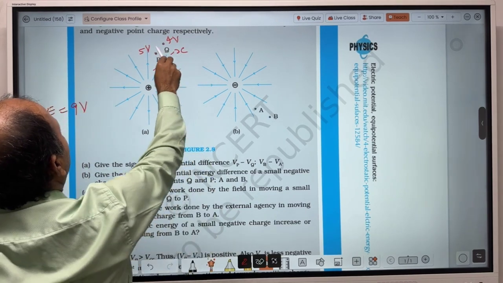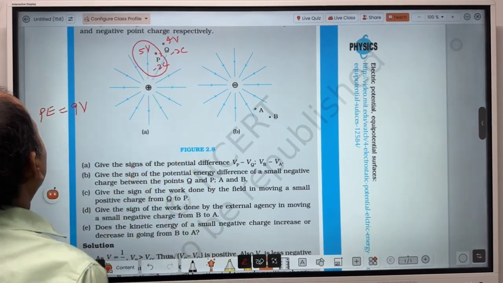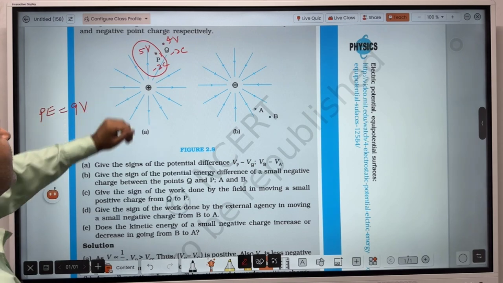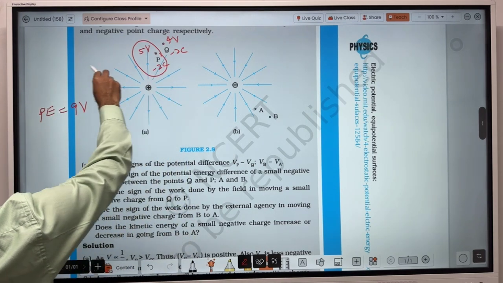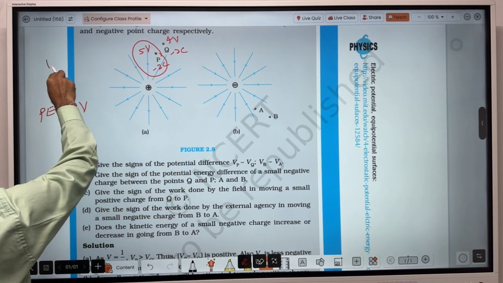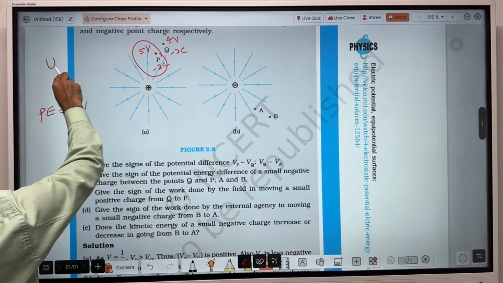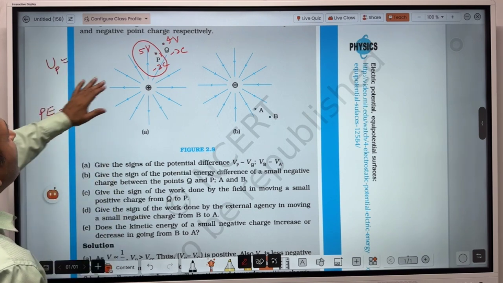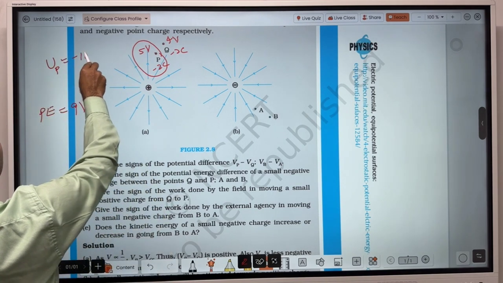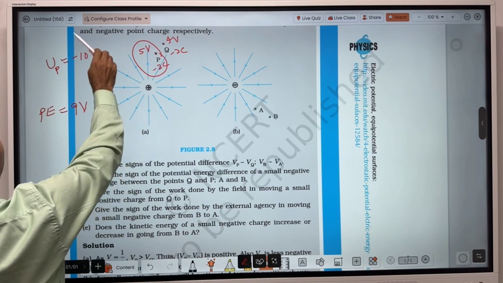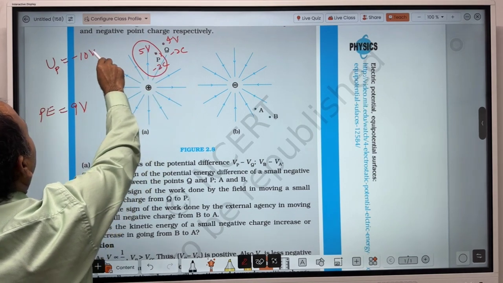Now what is potential energy at this point? According to the formula, Q into V. So potential energy at P, let's denote it as U. UP is equal to minus 10 joule, volt times coulomb is joule.